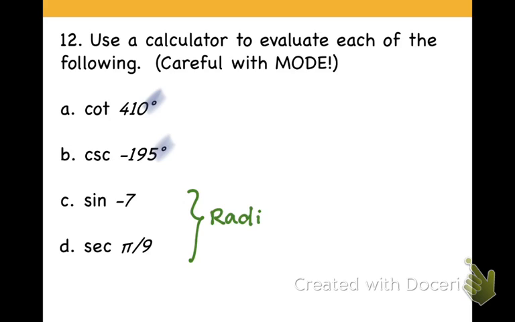But C is also radians. And the way I know this is because it does not have the degree symbol. So if it is going to be a degree value, it will always have the degree symbol in there. So A and B are degrees, C and D are radians. Go ahead and do this really fast on your calculator, and we will double check in just a second.